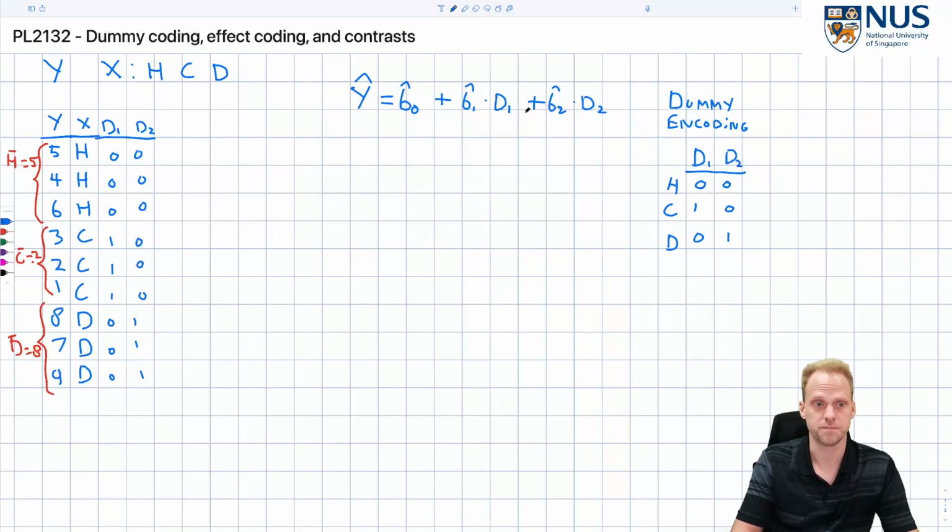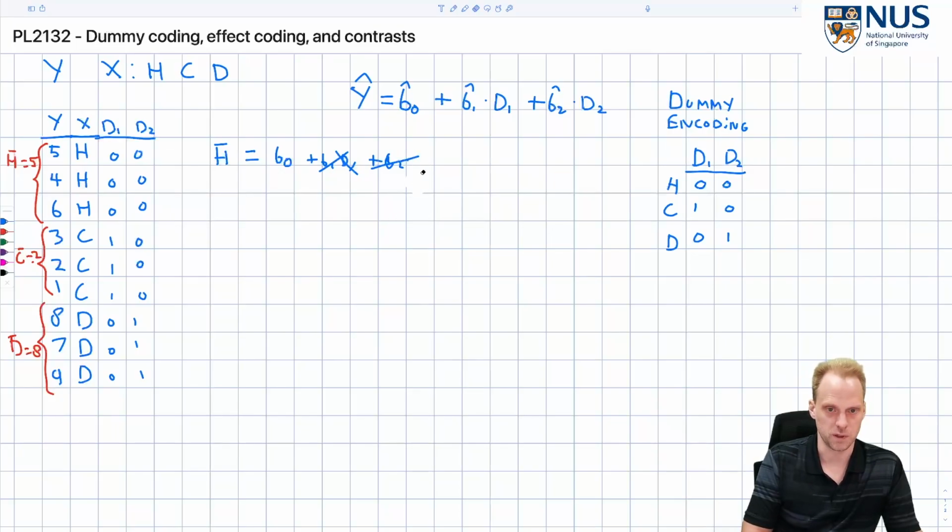And that should average to the group means. So that means we can now derive that, let's say, the mean of hamsters equals B0 plus B1 times the first dummy variable, that's always 0, so that's nothing, plus B2 times D2, but that's also always 0.